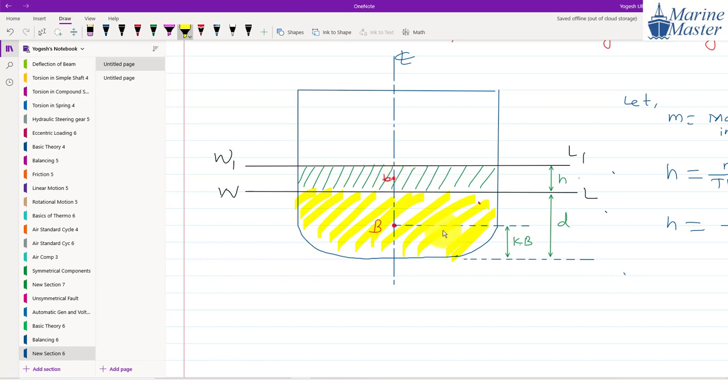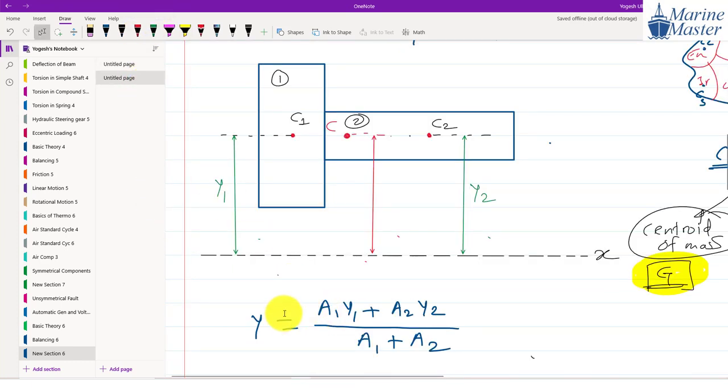Here we have divided it into two parts, and we have to calculate the overall centroid, our final centroid. We have seen how to get a centroid: A1 y1 plus A2 y2 divided by A1 plus A2. That is what we have seen, na, guys.